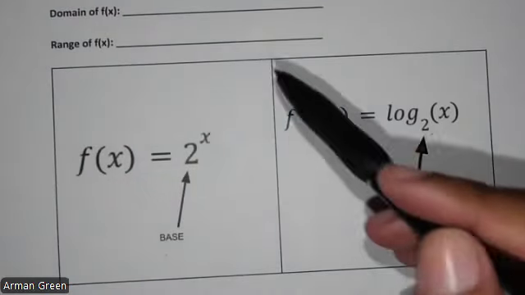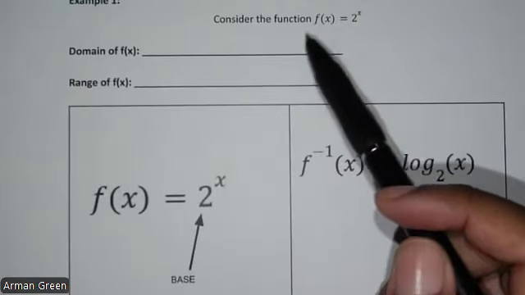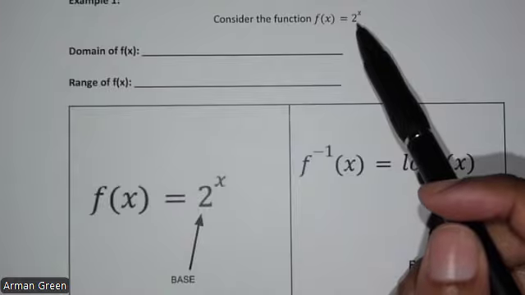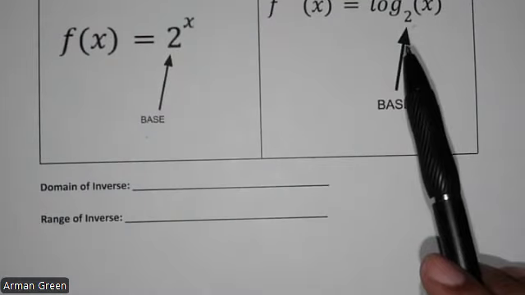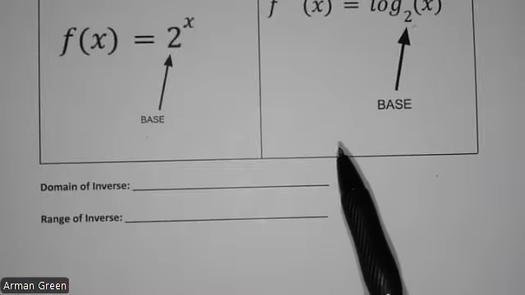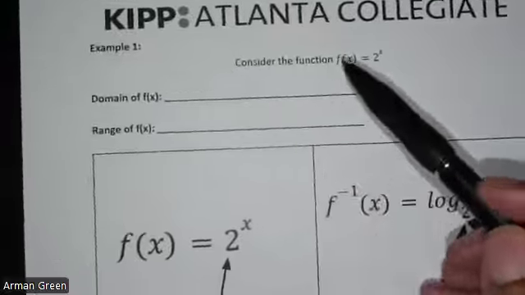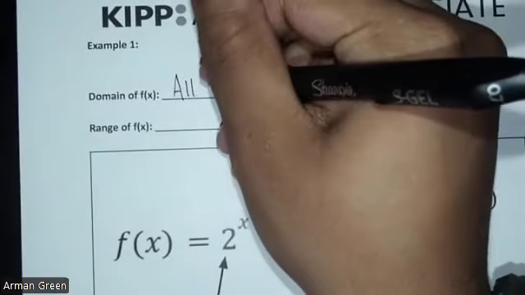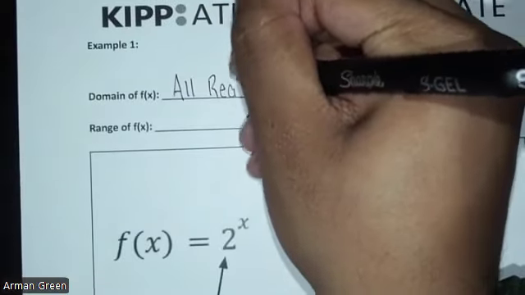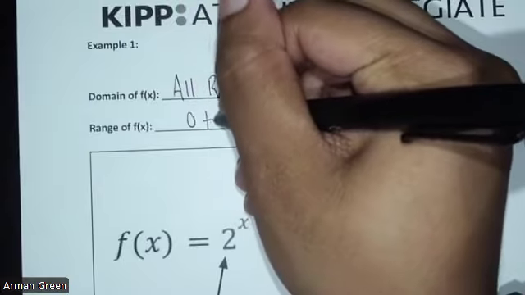All right. And then what we talked about from the previous page: if you know the domain and the range for this function, then you will automatically know the domain and the range of the inverse, because they are just opposites of one another. In this case, the domain of this exponential function, as we said before, is all real numbers, and we said the range is 0 to infinity.